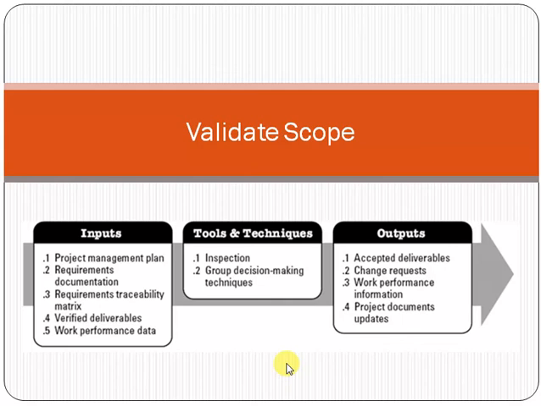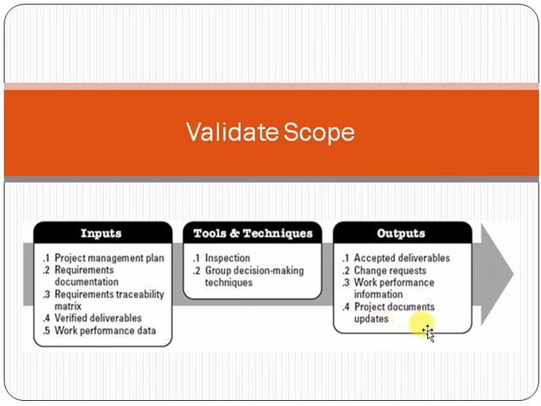In the same example, the project management team uses the scope documents and project management documents to make sure that, as per the scope documents and requirement documents, we have delivered the 5 modules to the customer. The output of this whole exercise will be accepted deliverables. If any change is required, we will go for a change request, work performance information, and project documents update.